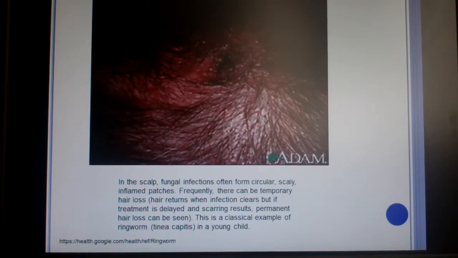Okay, this is in the scalp, obviously, and you see these little circular, scaly, inflamed patches in the scalp. So we're maybe looking at this little area right in here that's inflamed and kind of scaly, but also if you look up here, it's like he lost a bunch of hair in that area, maybe thinned out here too.